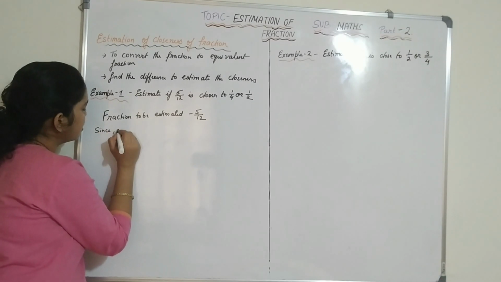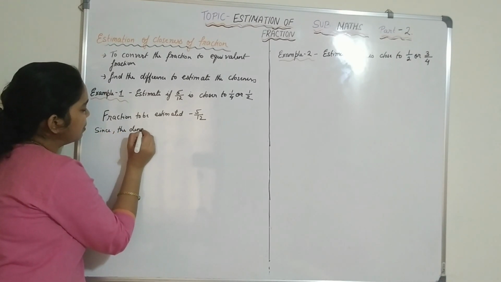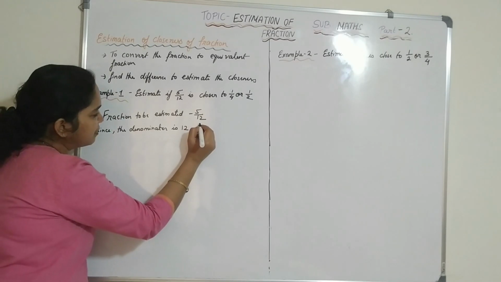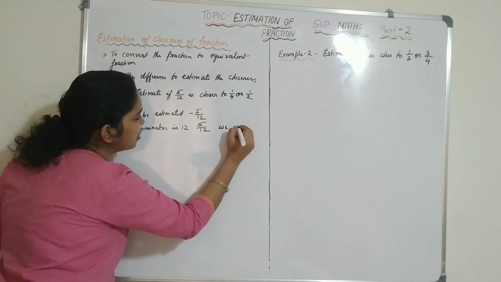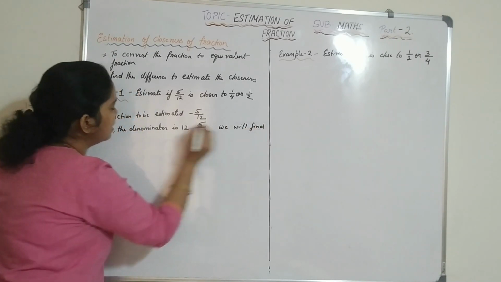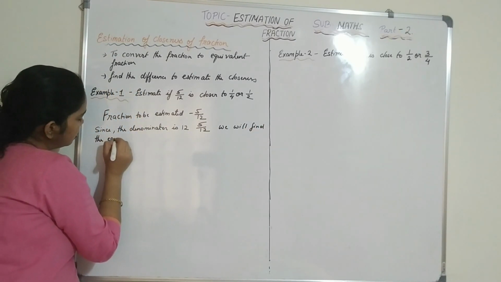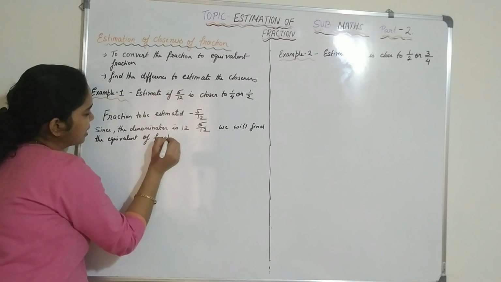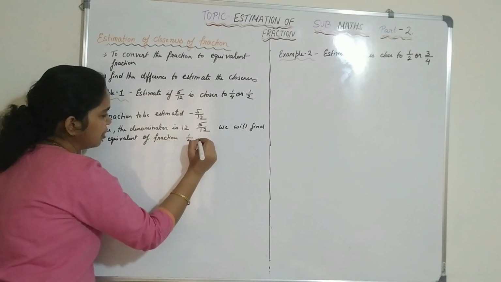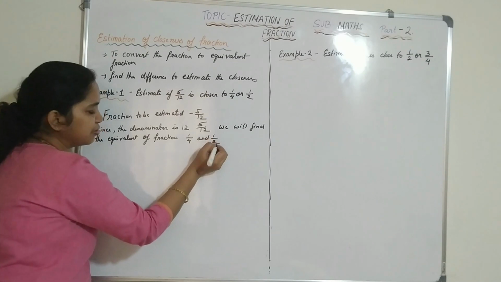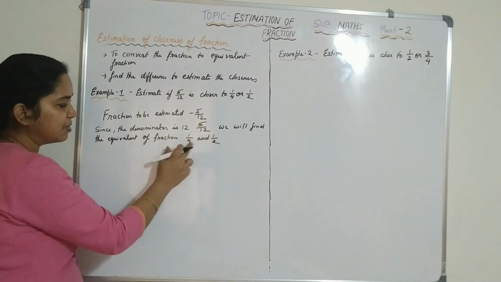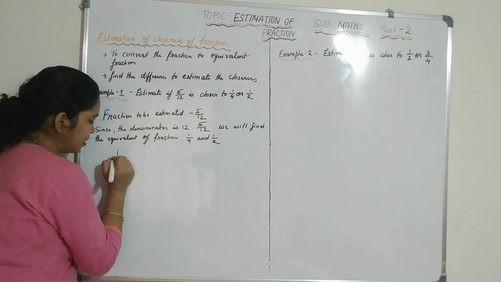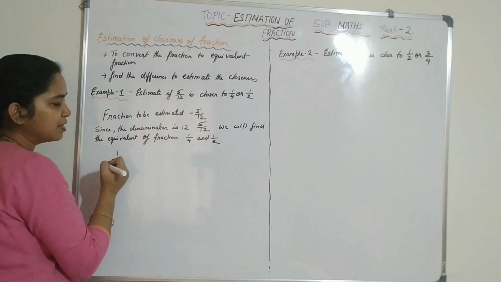Since the denominator of 5 by 12 is 12, we will find the equivalent of the fractions 1 by 4 and 1 by 2 by making the denominator 12. How will you make the denominator 12? For 1 by 4, 12 divided by 4 is 3.